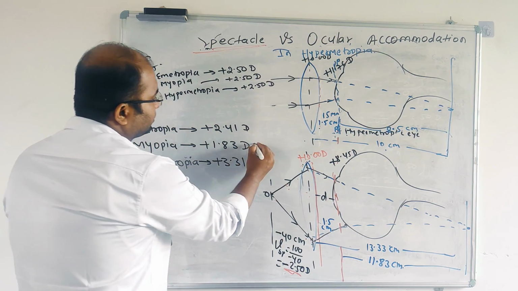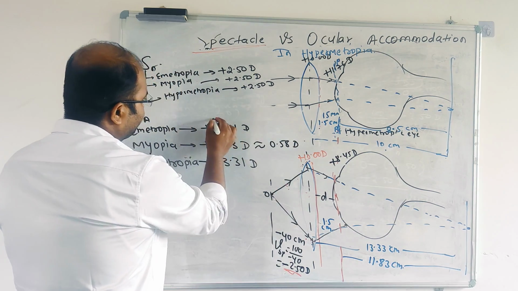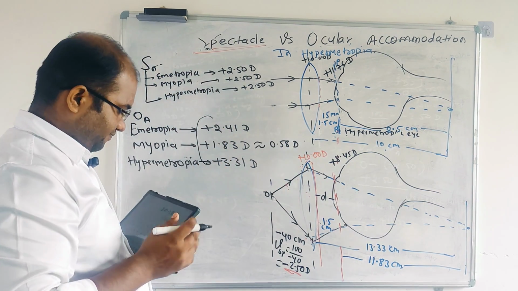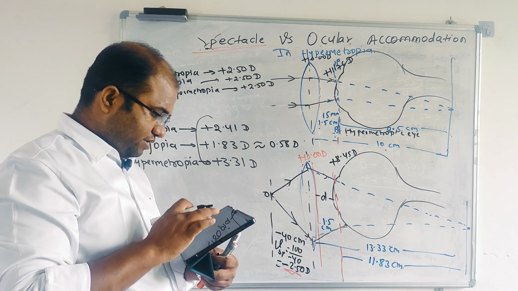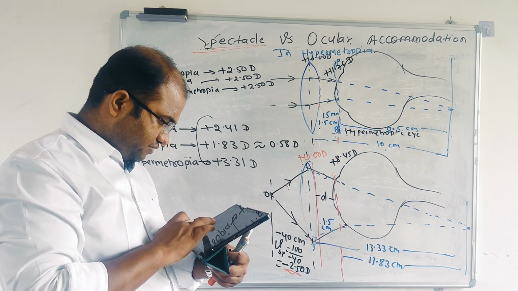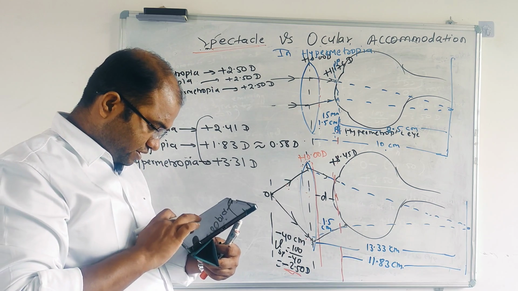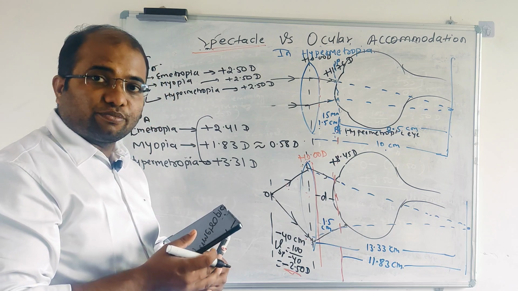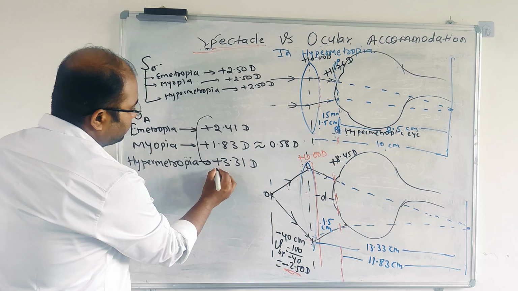That means it is doing 0.58 less. And what is the difference from emmetropia for the hypermetropic eye? 3.31 minus 2.41 is approximately 0.9 diopter.